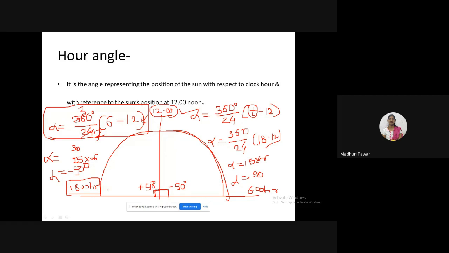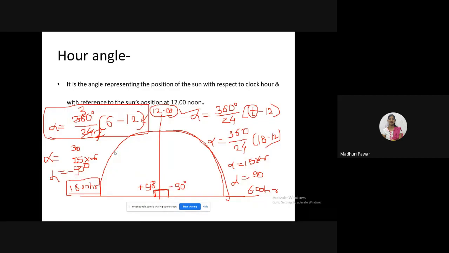In this way you can calculate for any hour of the day, during the afternoon or the second half of the day, or for the first half of the day also. You can calculate any value.